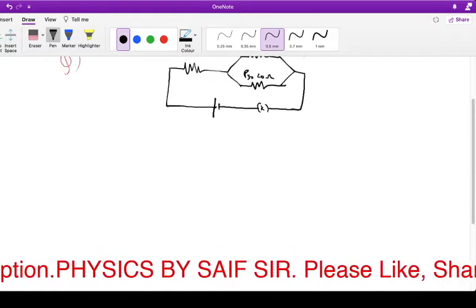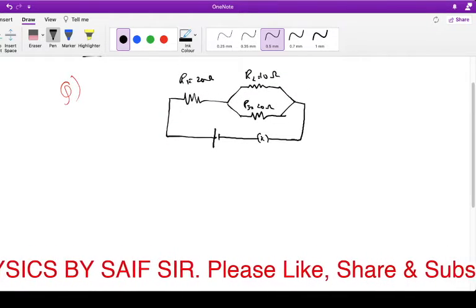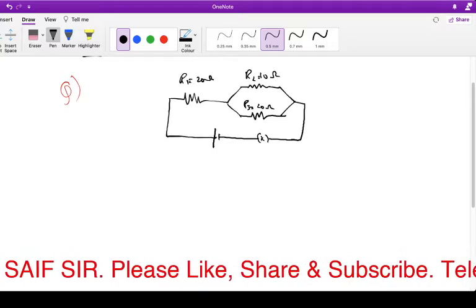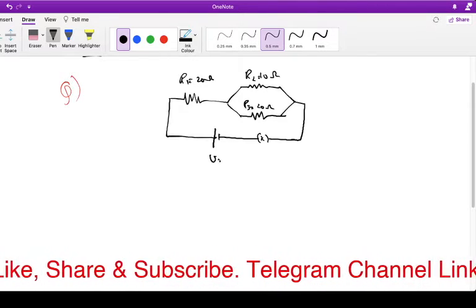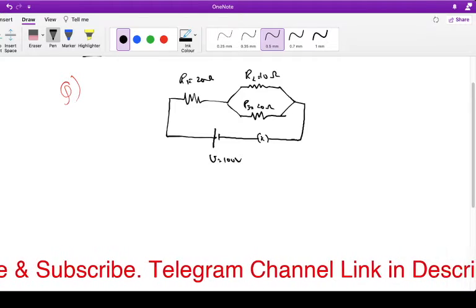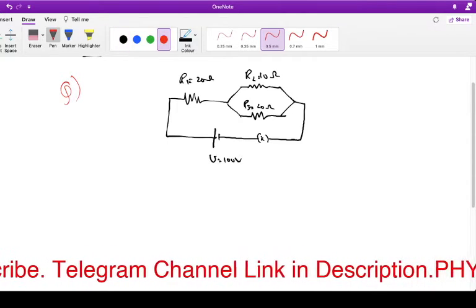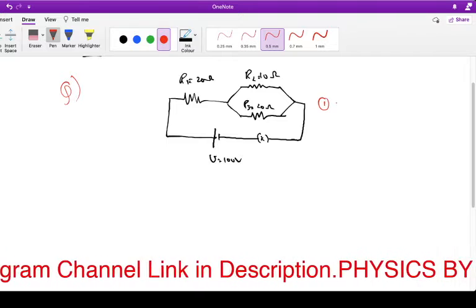The question will be given here as: you should find the current through the battery. V is equal to 100 volts. The first question is to find the current through the battery.